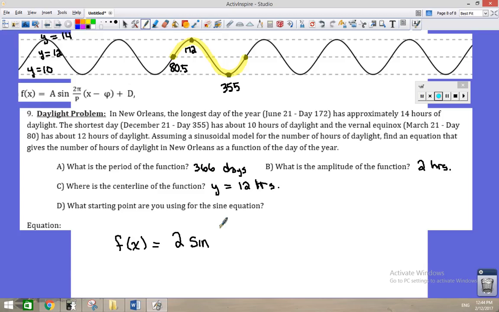The period is, we said 366 because I wanted that equal spacing, but it's 2 pi divided by that. If somebody were to put 365 there, remember this is just a model. It's an approximation.